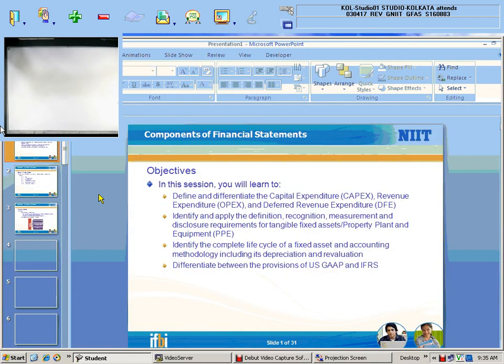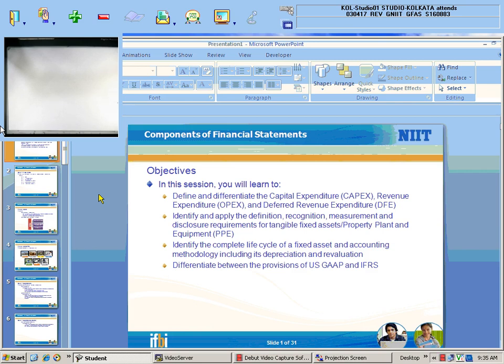In this session, we'll try to define and differentiate capital expenditure, revenue expenditure and deferred revenue expenditure. So we are coming to the other side, the expenditure side. We are going to talk about what capital expenditure is, how it is different from revenue expenditure, and how it is different from deferred revenue expenditure.